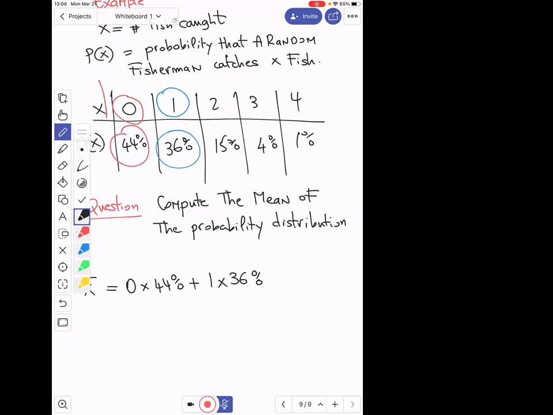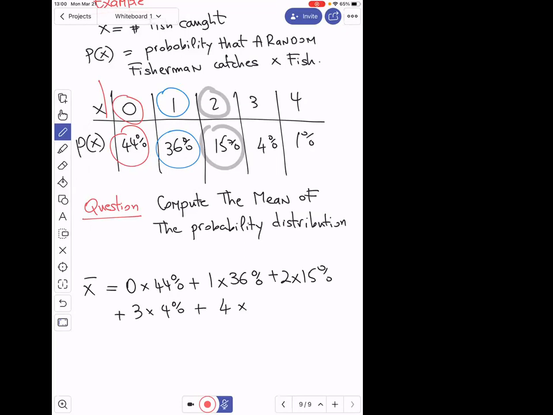The next value is 2 times 15%, so plus 2 times 15% plus 3 times 4% plus 4 times 1%.